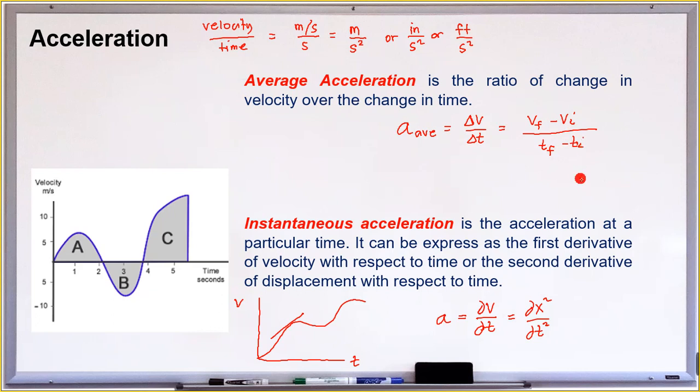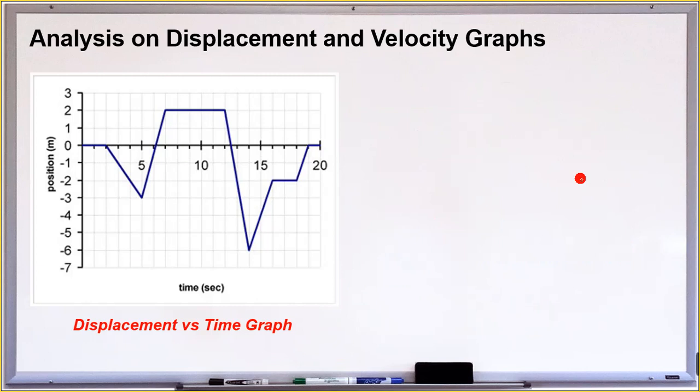That is the meaning of change. So we're going to use these concepts in solving some sample problems. But before that, we will also include the analysis of displacement and velocity graphs.